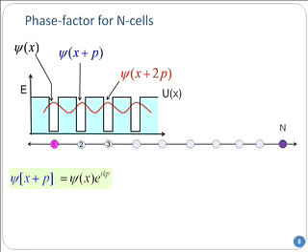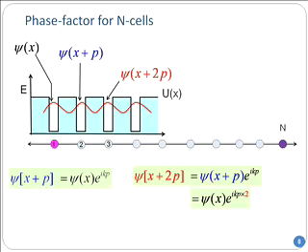If I wanted to go two steps, not one, then the second step I could relate back to the first step. And I could write that psi at twice the step is simply psi at the first step multiplied by the one phase factor. Right? You see this? And if the first one is already known from the left-hand side, therefore I could write this.